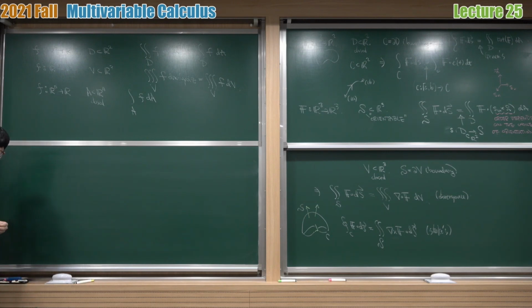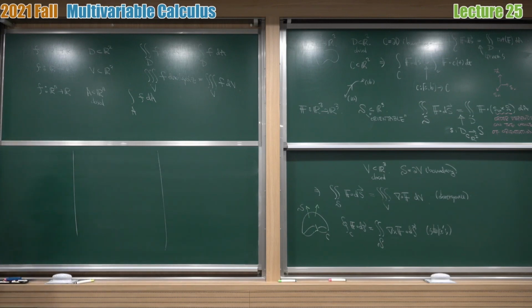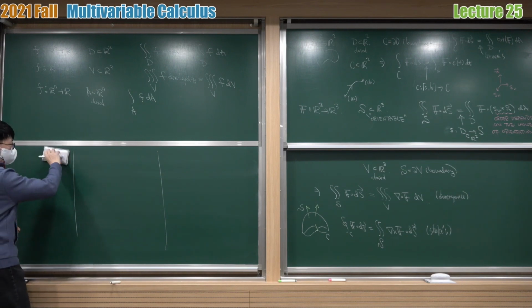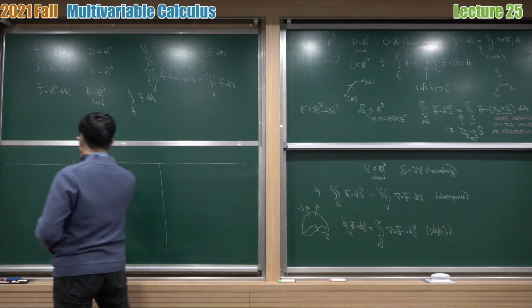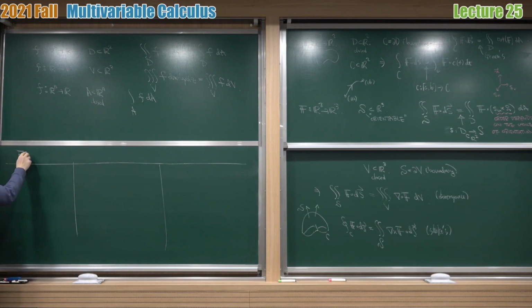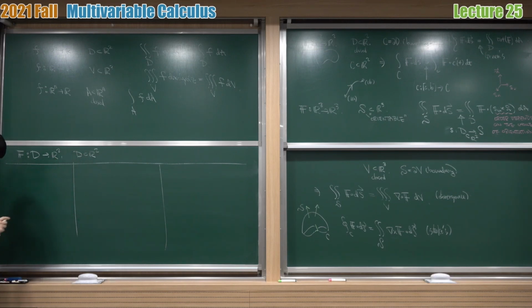Okay, so let's think about three types of situations. I'm going to subdivide this board into three parts. All three cases assume that my vector field F is defined on a domain D, which lies in two-dimensional space.